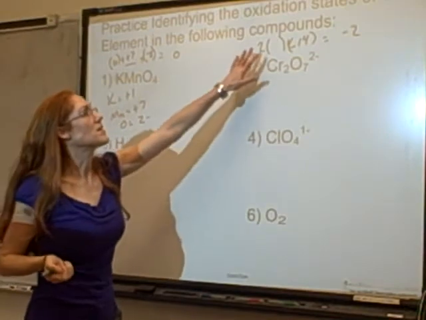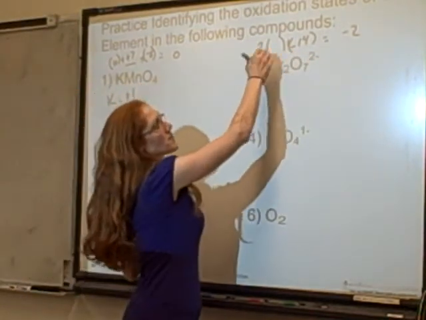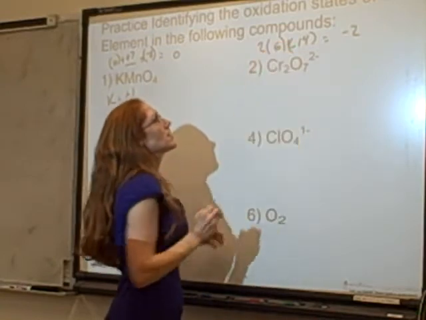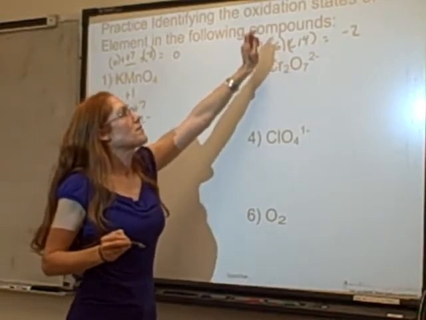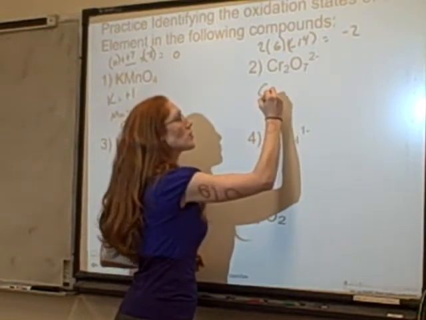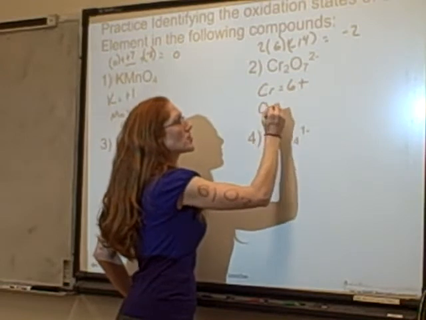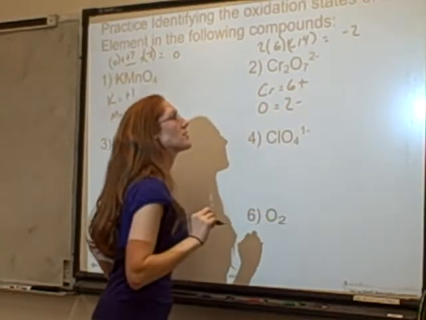So basically I need 12 minus 14 to equal -2. 12 divided by 2 is 6. So 2 times 6 is 12, minus 14 gives me -2. So each chromium will have a 6+ charge, and each oxygen will have a 2- charge.